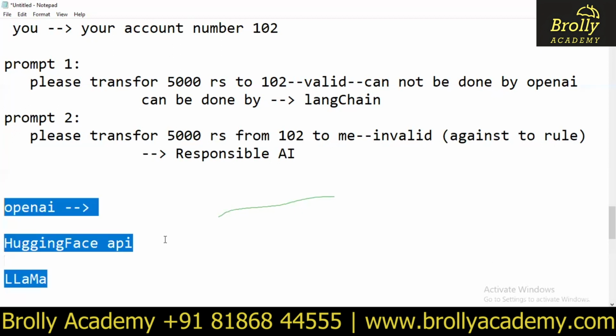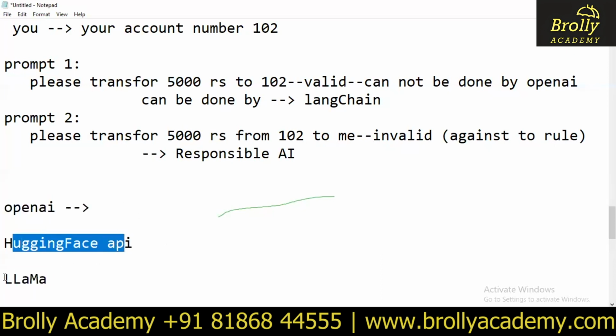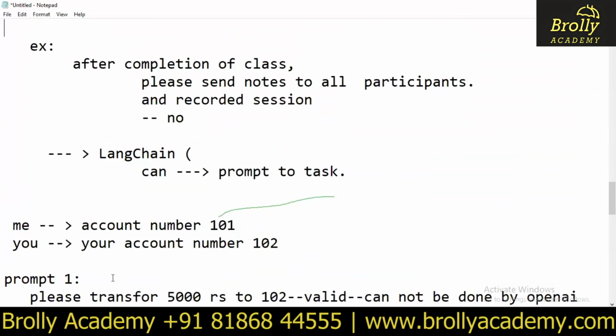The purpose of these three is the same. Some organizations are using OpenAI, some are using Hugging Face, and some other organizations are using Meta AI, so the Llama API was introduced. You can use anything, but you cannot say to which client you will be deployed. You should be ready to be able to do anything. And also, to perform custom tasks, you need LangChain kind of things. These are the 4 major things you need to learn.